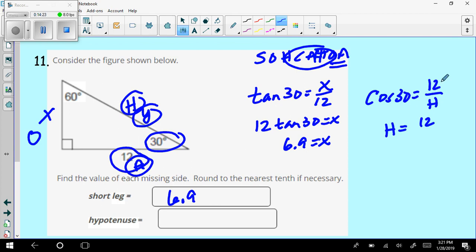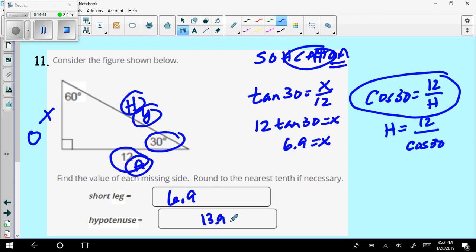If you don't remember it, as long as you have the equation written here, that'll get you some points. So 12 divided by the cosine of 30. And in this case, I believe that gives us something around 13.9, rounded to the nearest tenth.